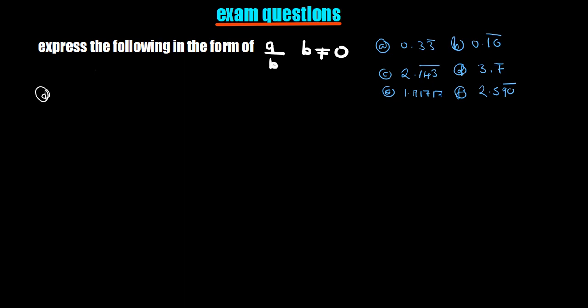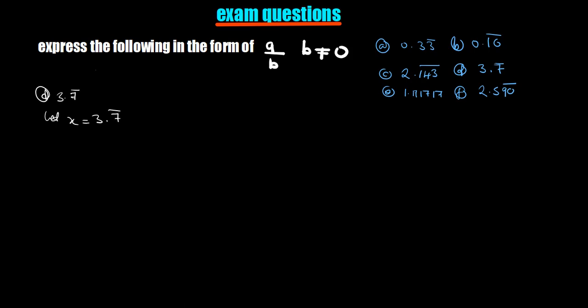All right, so F is similar to A. Okay, so what we will do is we have 3.7 bar, like that. So you say let x be equal to 3.7 bar. The first one is proper.